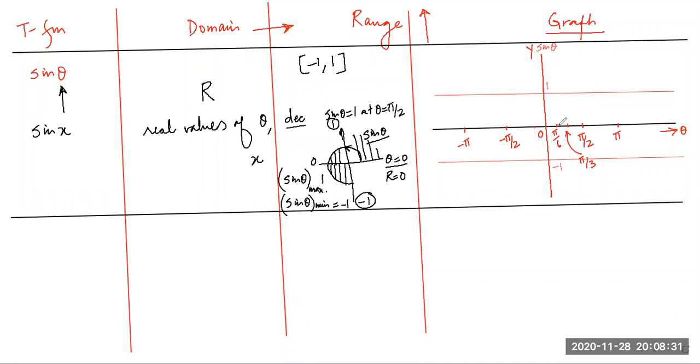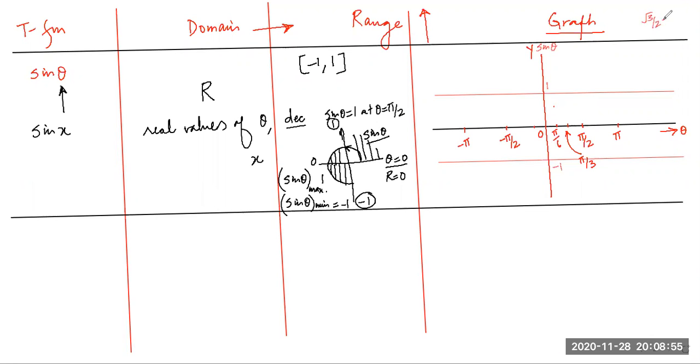So at pi by 6, what is the value of sine theta, Ishma? Sine pi by 6 is 1 by 2. So that will be in the center, right? This point will be in the center. Am I right? At pi by 6, it will be this. At pi by 3, it will be root 3 by 2.